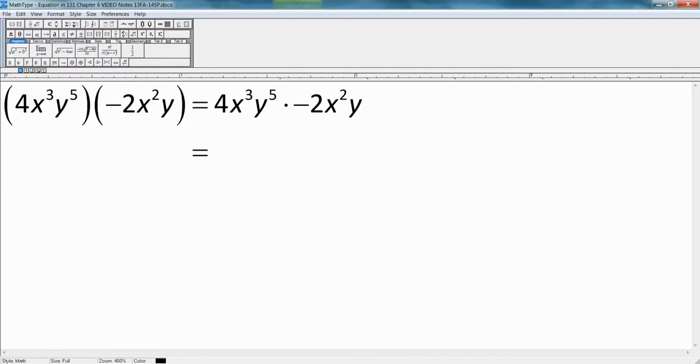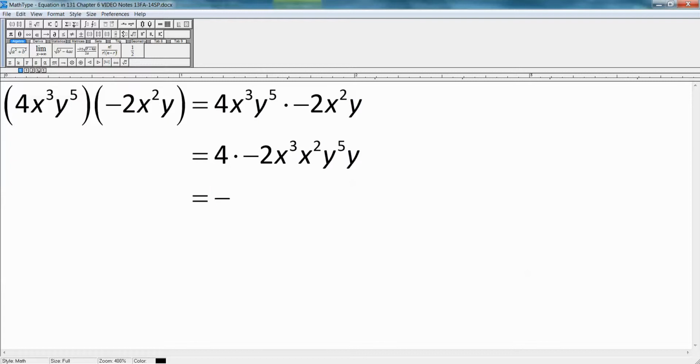So that's equal to 4 times negative 2, that would be negative 8. Then we have x cubed, then an x squared, then a y to the 5th, and then a y.